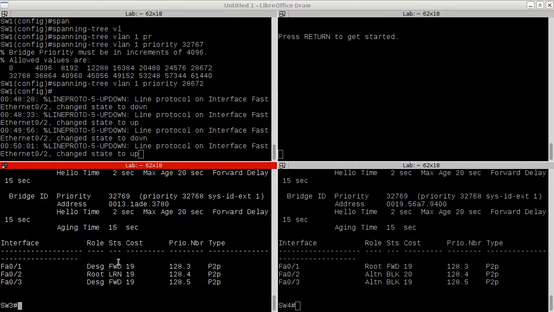But the sending port over here has a lower priority and therefore takes precedence and becomes root. So let's test that here.